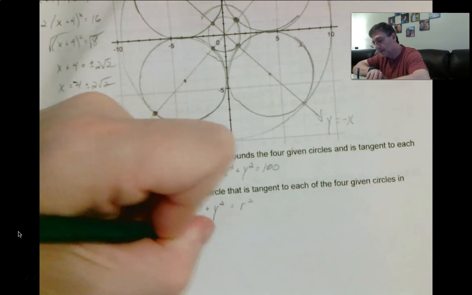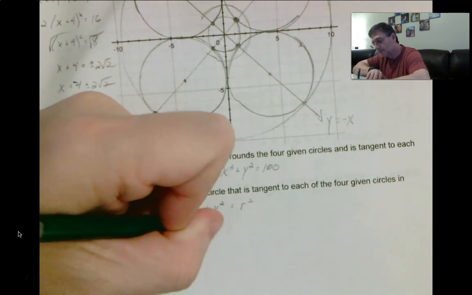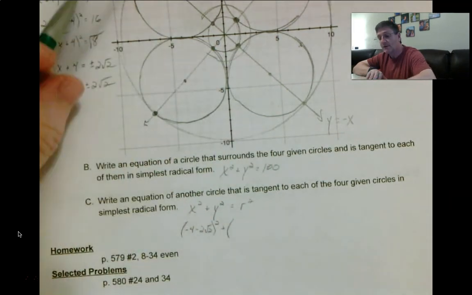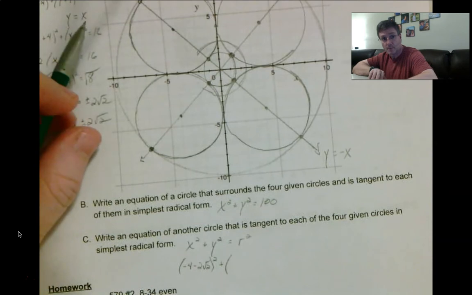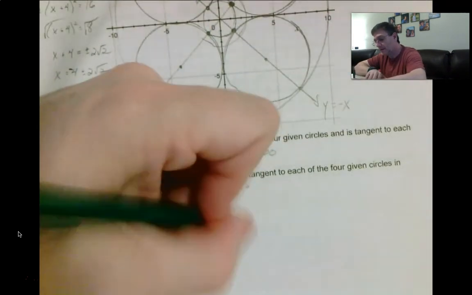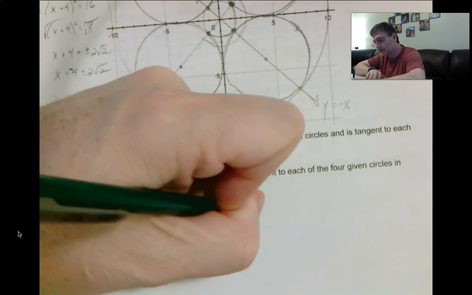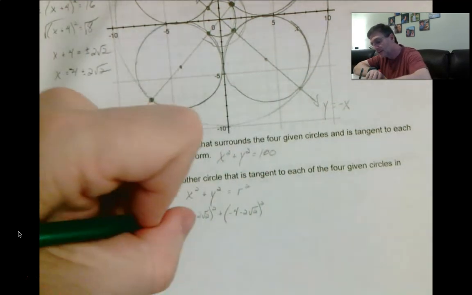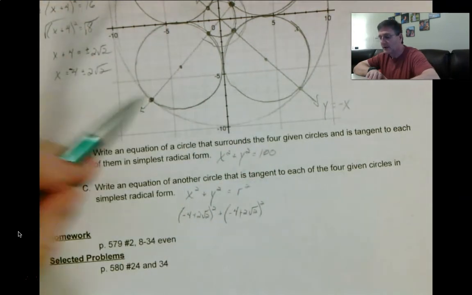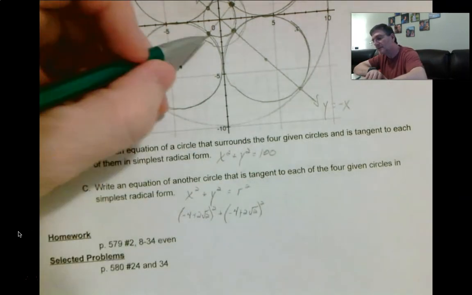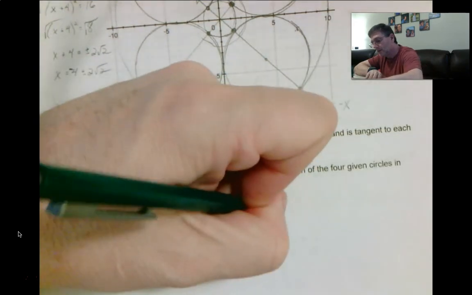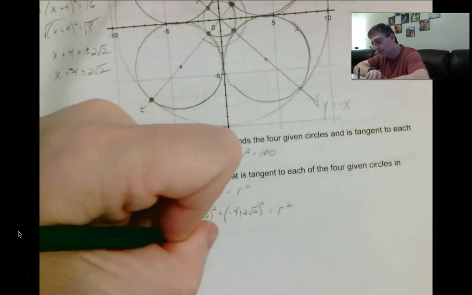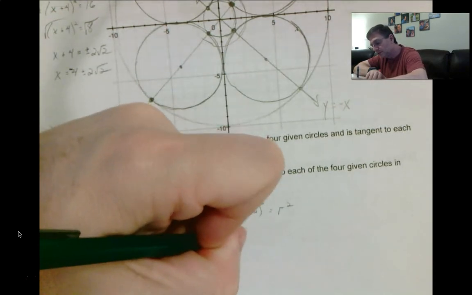Negative 4 minus 2 square root 2 squared plus, x and y are the same coordinates, negative 4 minus 2 square root 2 squared, plus both of these. The minus was this one. The plus is this, the middle one. Equals r squared.